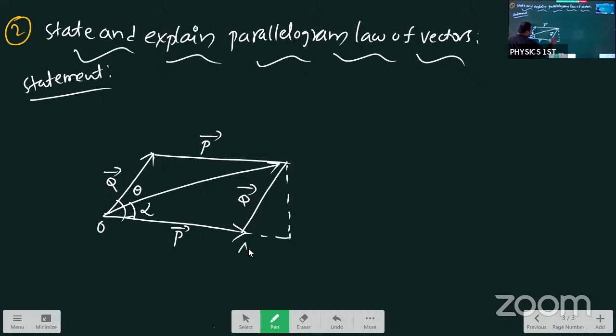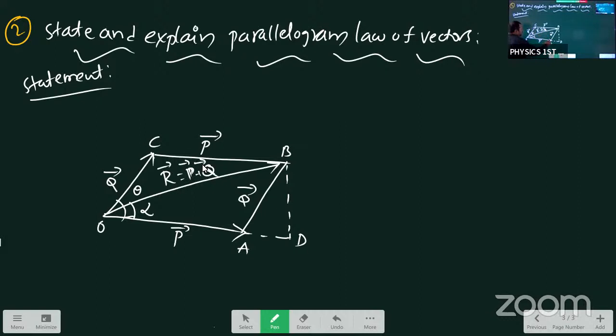Points O, A, B, C, D. Anywhere you write points, follow one sequence: go anti-clockwise or go clockwise. Like this, O, A, B, C, D. Don't go in a mixed way. So this is the resultant, P plus Q.